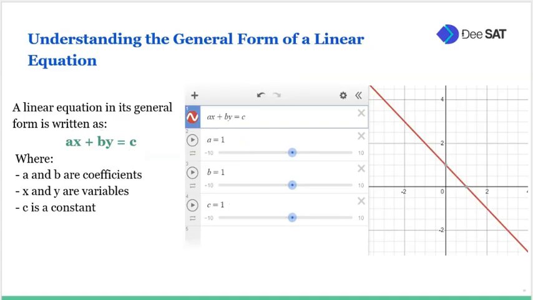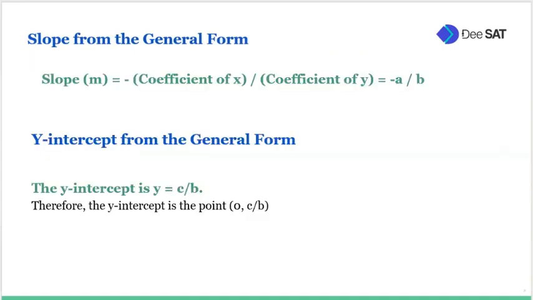Okay. Moving ahead, we need to understand how we can convert a general form into slope-intercept form. So if the general form is given, and you want to find the slope of the line, you can easily say this is negative coefficient of x upon coefficient of y. That means it can be easily written as negative of a by b, right?